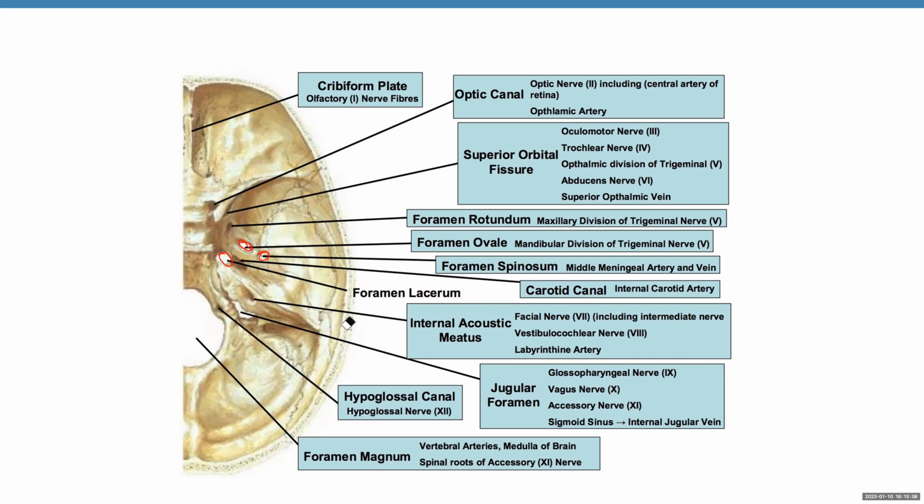I'm just going to look at one example. For example, the carotid canal, right? It's for the internal carotid artery. In the foramen magnum, you will find vertebral arteries, the medulla of the brain, spinal roots of the accessory nerve, nerve number 11, and so on.